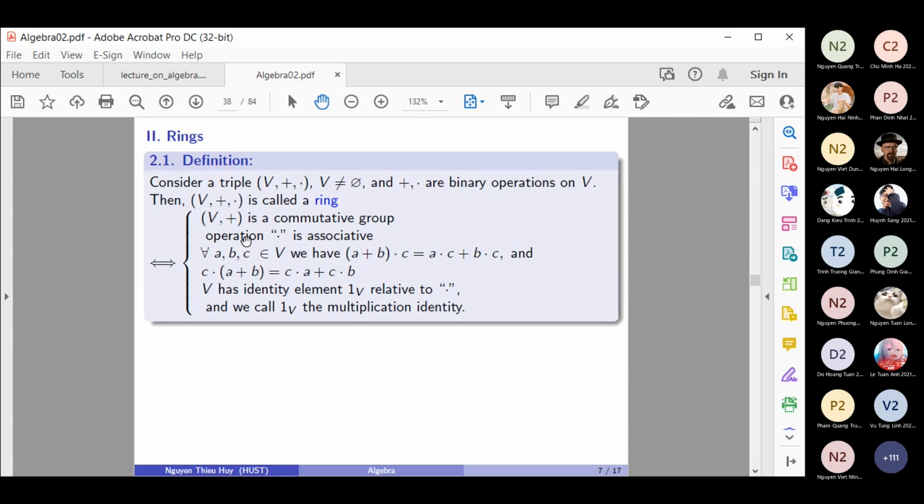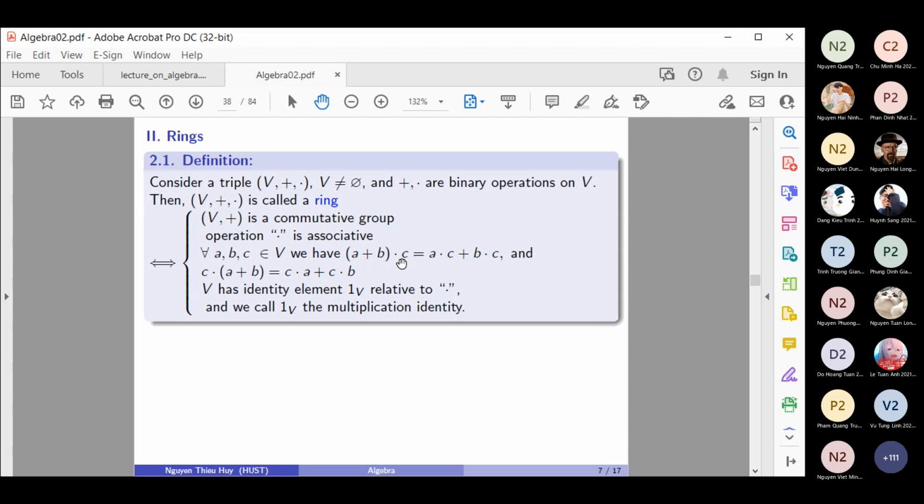Then the next property is that the multiplication is associative. And the next property, you remember this property? The name is the distributive property. When you multiply A plus B with C, then you can multiply out as we did in high school.